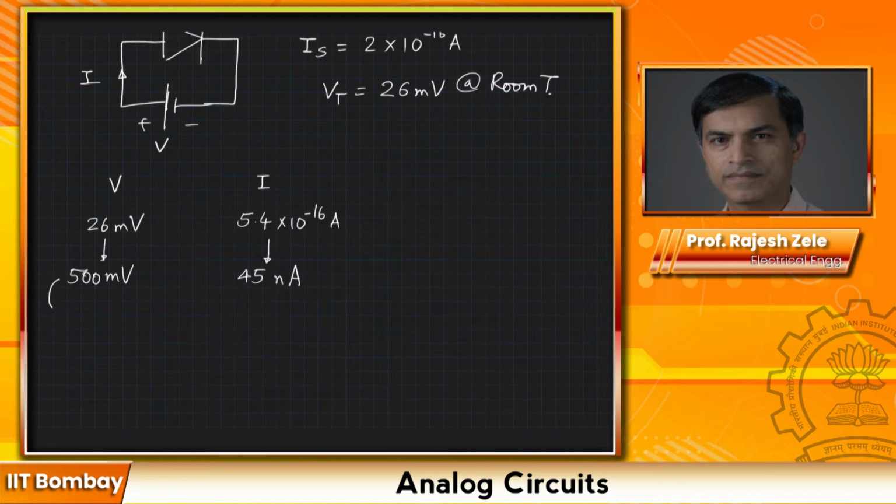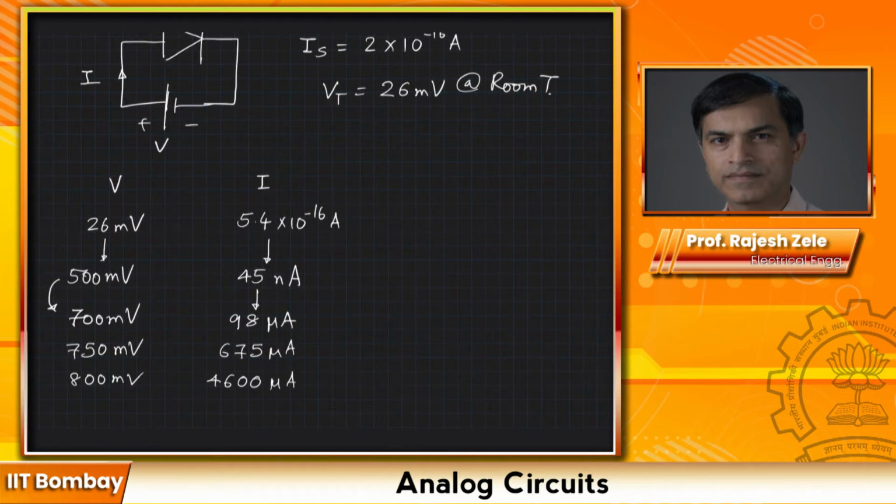Now, if I just went from 500 to 700 millivolts, then this current increases to 98 microamps. From 700 to 750 millivolts, this increases exponentially now, 675 microamps. 750 to 800 millivolts, wow, this becomes 4600 microamps.